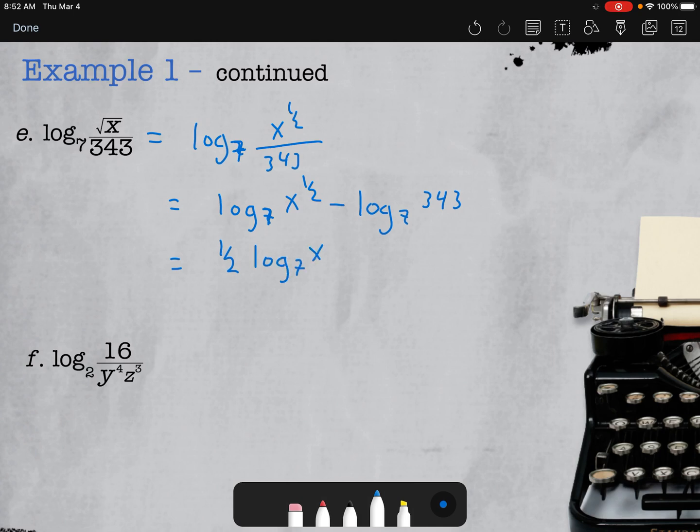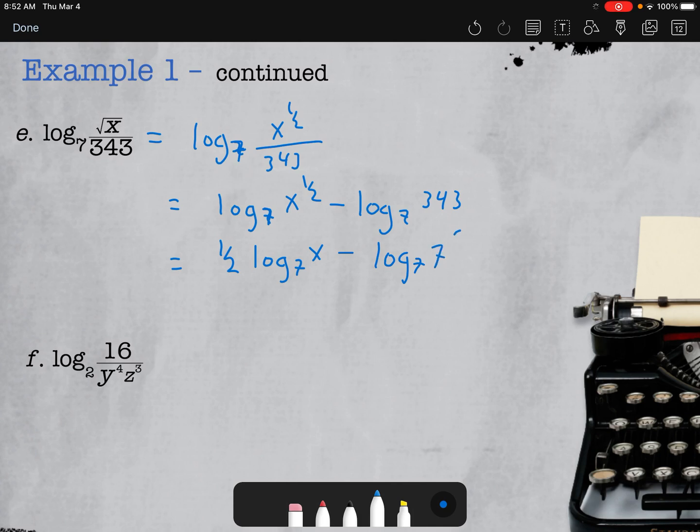Okay, as I'm working this out, I see that the log base 7 of 343, I believe that is 3 to the third, or 7 to the third? Let's see, or 7 to the fourth. Yes, it's 7 to the third.